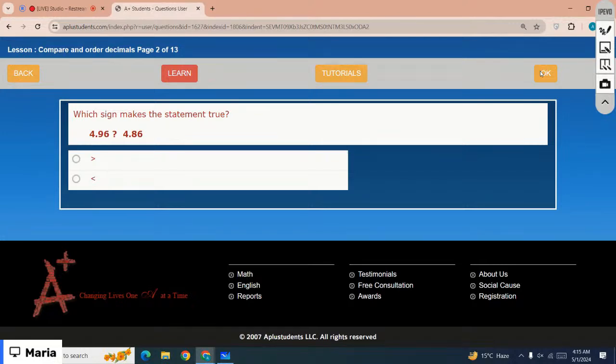Okay, which sign makes the statement true? 4.96, you have to compare it to 4.86. So which is the correct option?